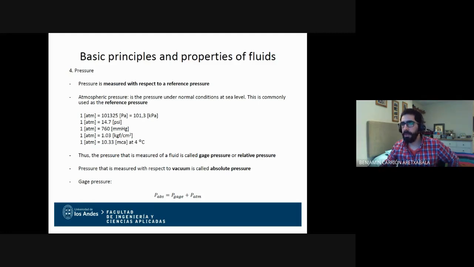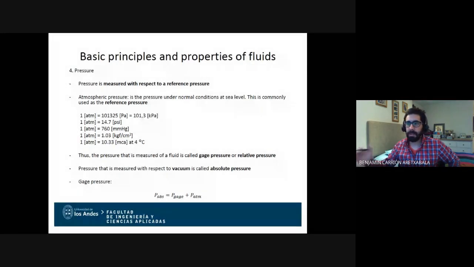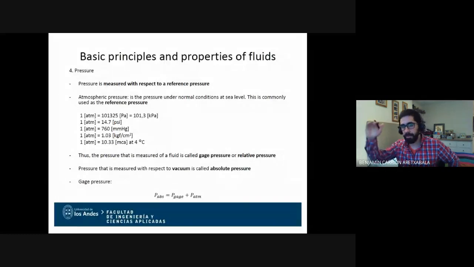So here in Santiago, for instance, we are at 500 meters above sea level, so we have a slightly smaller pressure than in Viña del Mar. And if it's raining or if it's going to start to rain, then you're going to have a drop in pressure. So in order for us not to mind much about that, we normally talk about relative pressure starting from the free surface of the fluid down.